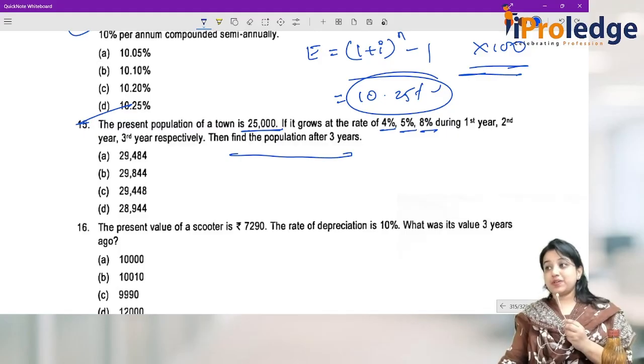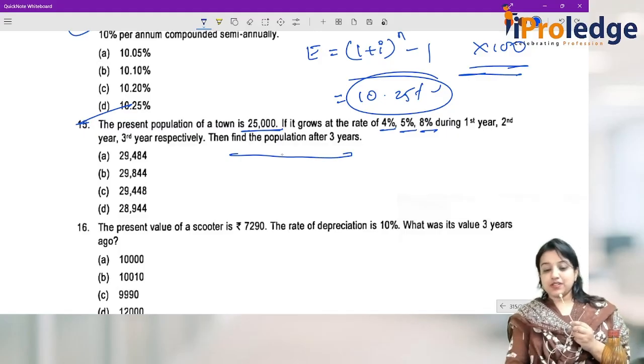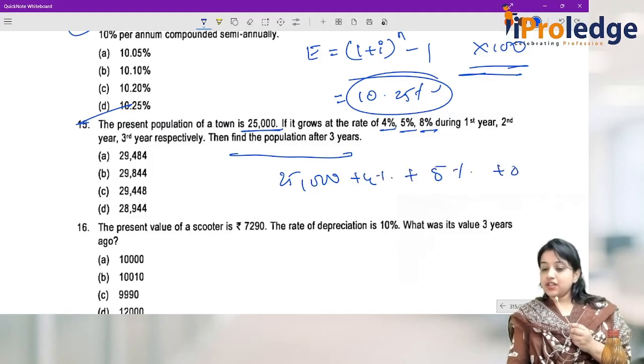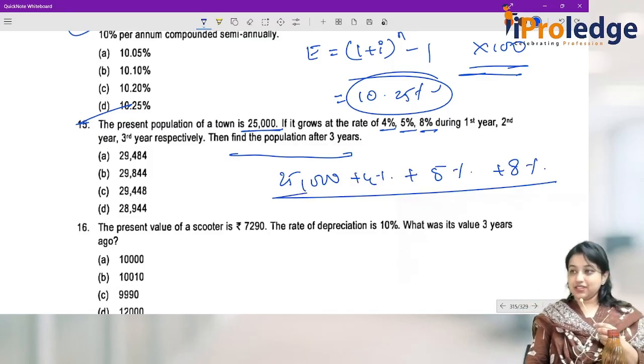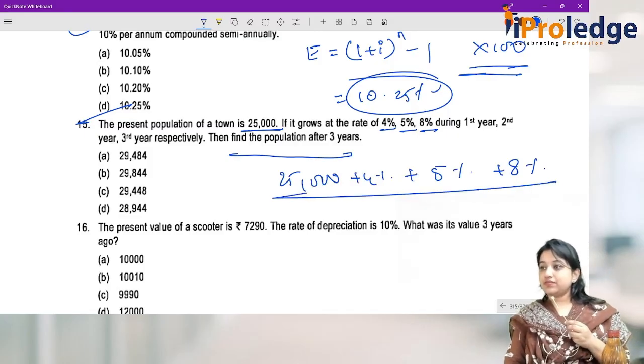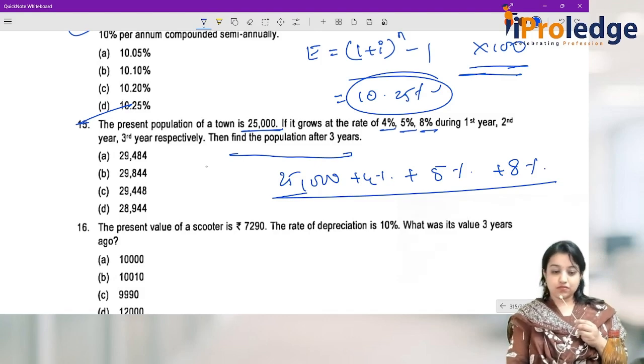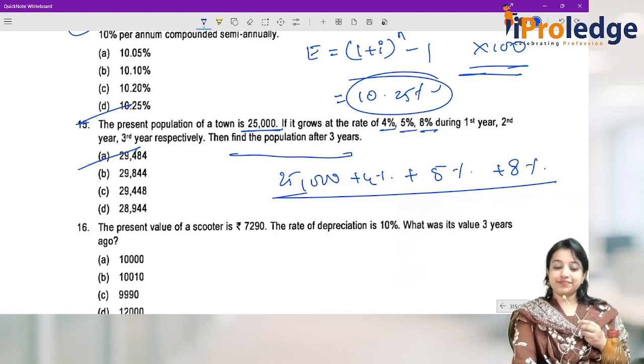For the first year 4% plus 4%. Then again that number plus 5%. That number plus 8%. How much did it come? 29,480. So it's option.